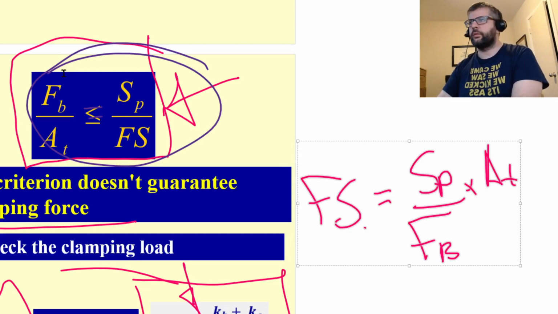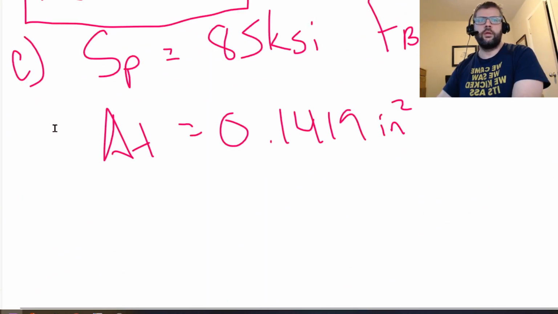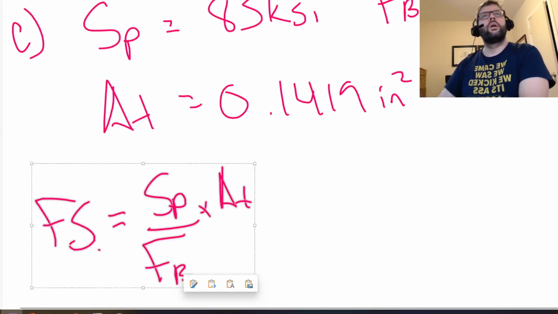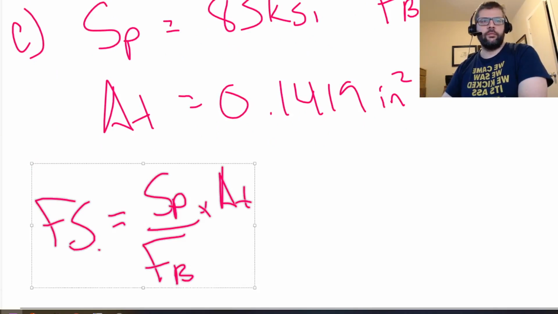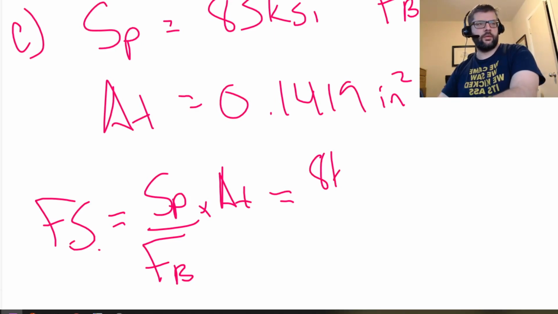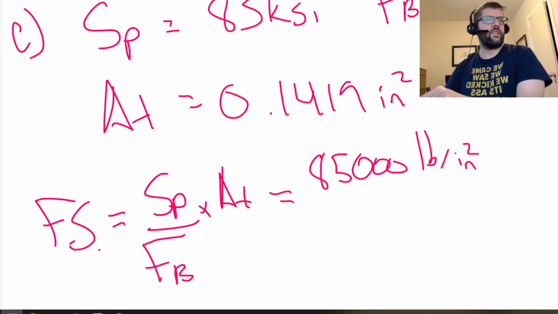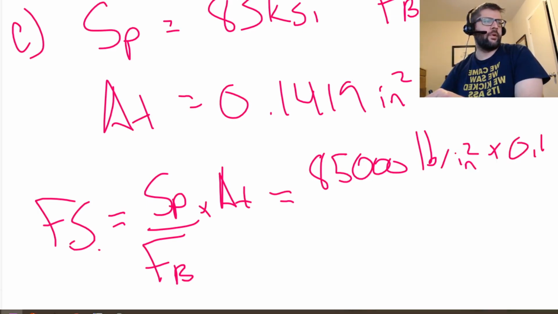Plugging in what we have, our proof strength is 85 ksi, 85,000 pounds per inch squared, times the At, 0.1419 inches squared.